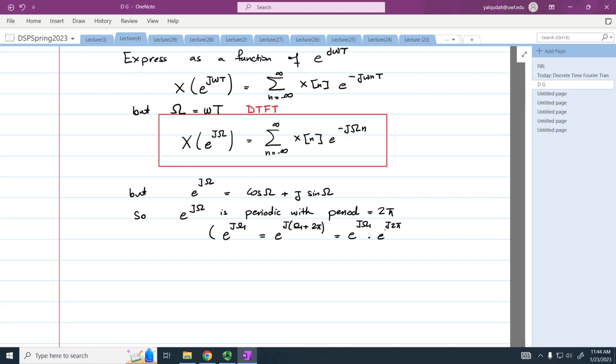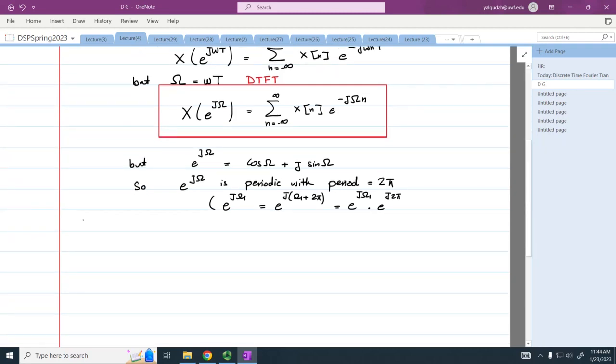Is that clear, everybody? E to j omega is periodic. So therefore, if I look at my expression here, since I have e to j omega in it, X of e to j omega has a period that is equal to 2 pi.